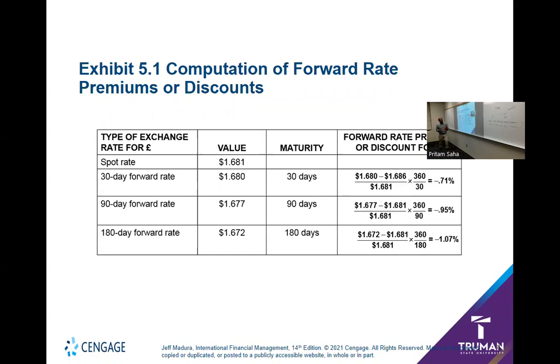Basic calculations. For 30-day forward, the premium is 0.71%. 90-day forward, the premium is 0.95%. 1.07%. Some basic calculations.